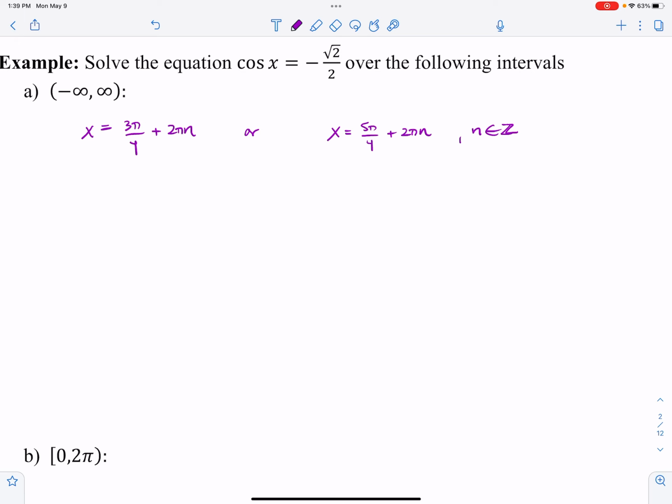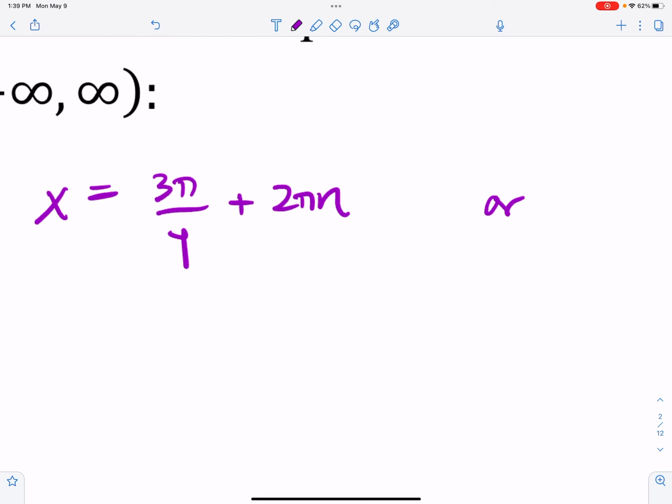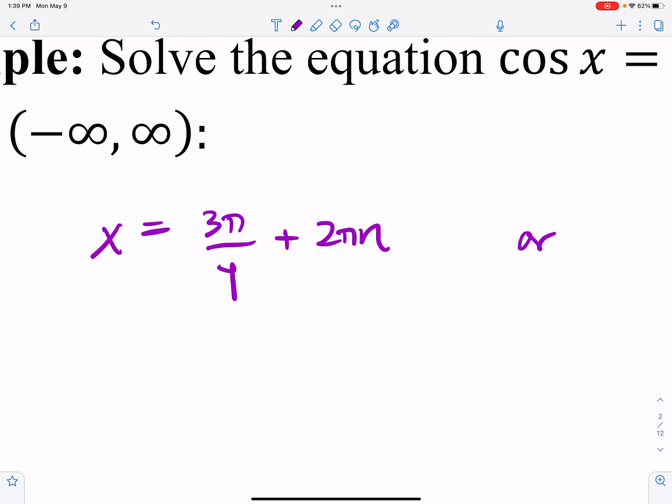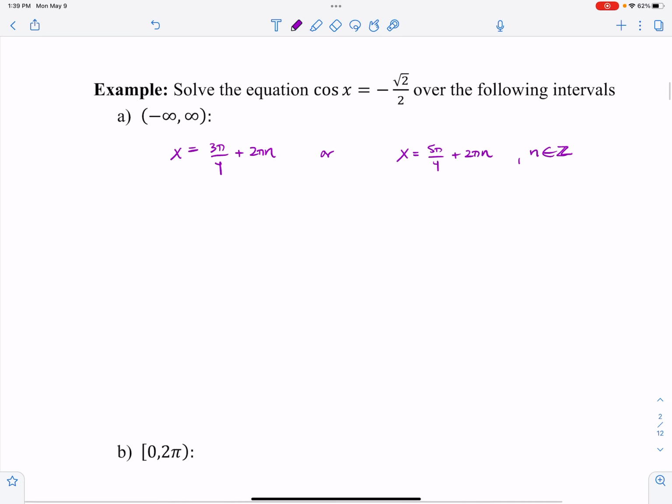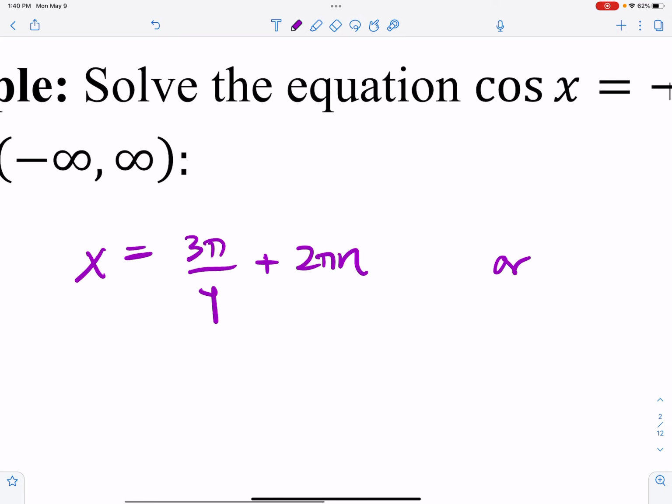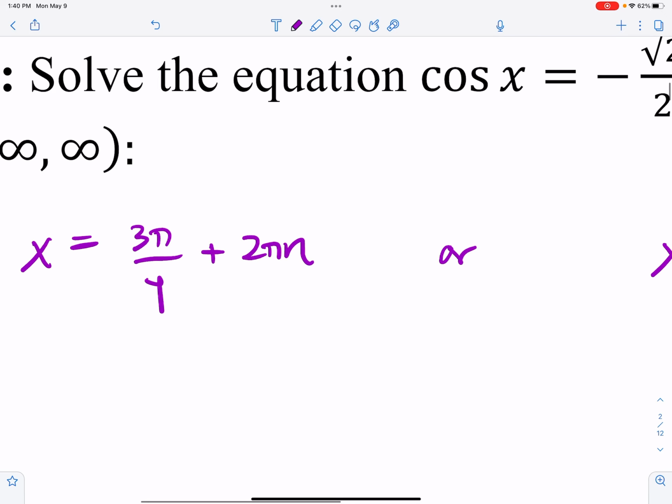But if you wanted to reference the general solution set, you could think, okay, if from this first equation I let n equal 0, I would get x equals 3 pi over 4. And then if we let n equal 1, if we add 2 pi to 3 pi over 4, we're going to be outside of the interval that we're solving over. So we're done with that equation. If we let n equal -1, we would also be outside of the interval.